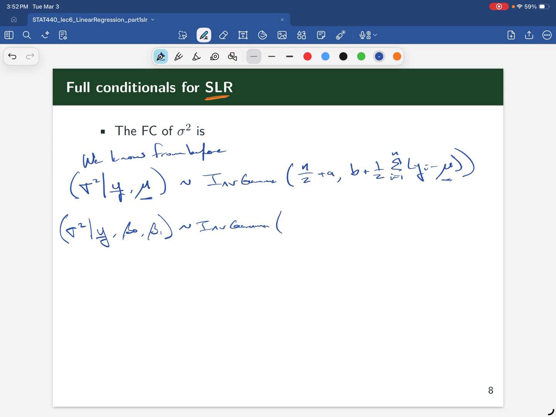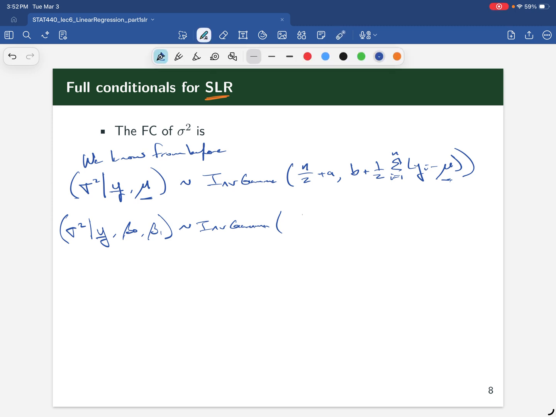The mu that we saw before only appears there. If we look at our simple linear regression model, our mean for our yi is equal to beta naught plus beta 1 xi, and so we can just plug that in for our mean.